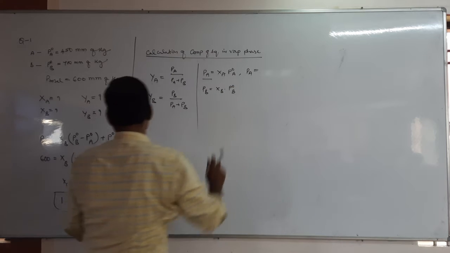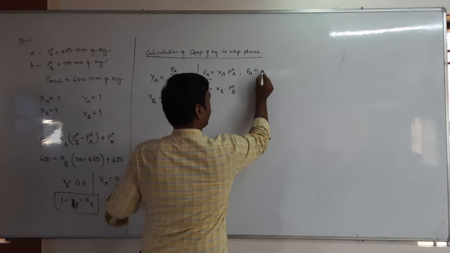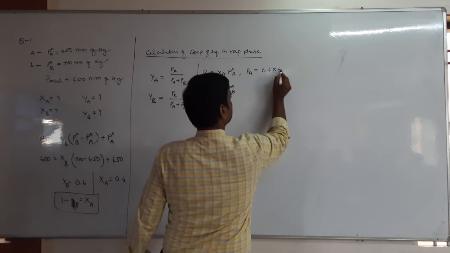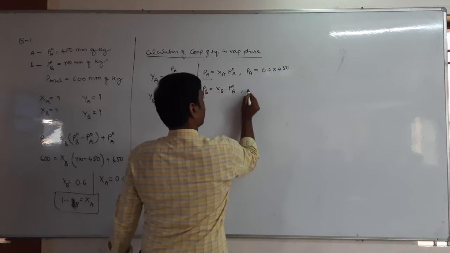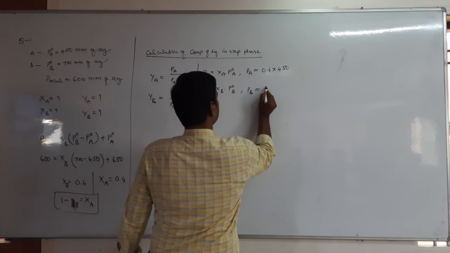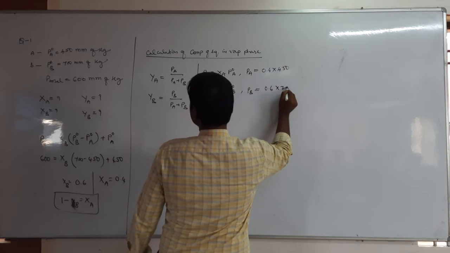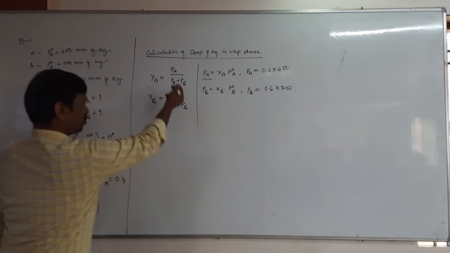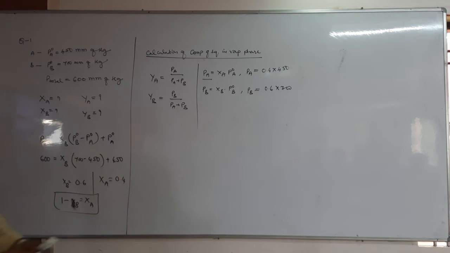XA we got 0.4, so 0.4 into P naught A, which is 450. PB equals 0.6 into 700. So calculate PA and PB, substitute here, you will get YA and YB respectively.